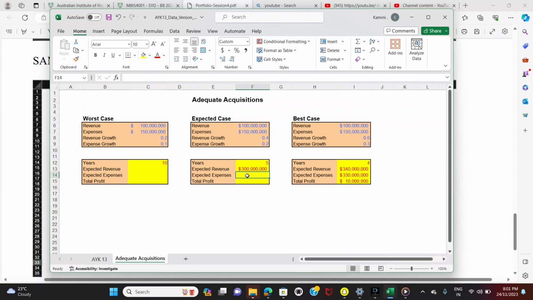Now moving to the expected expenses, applying the formula again. Expenses multiplied by expenses growth multiplied by total number of years, then plus expenses of that particular year.